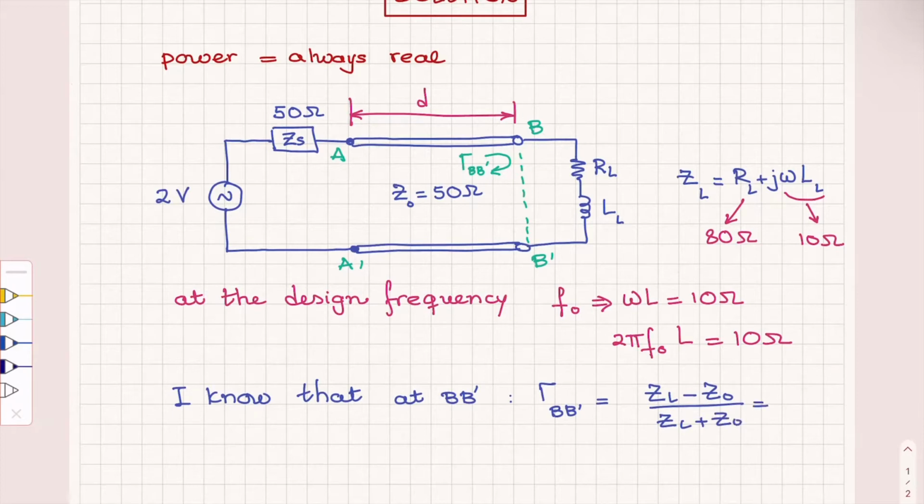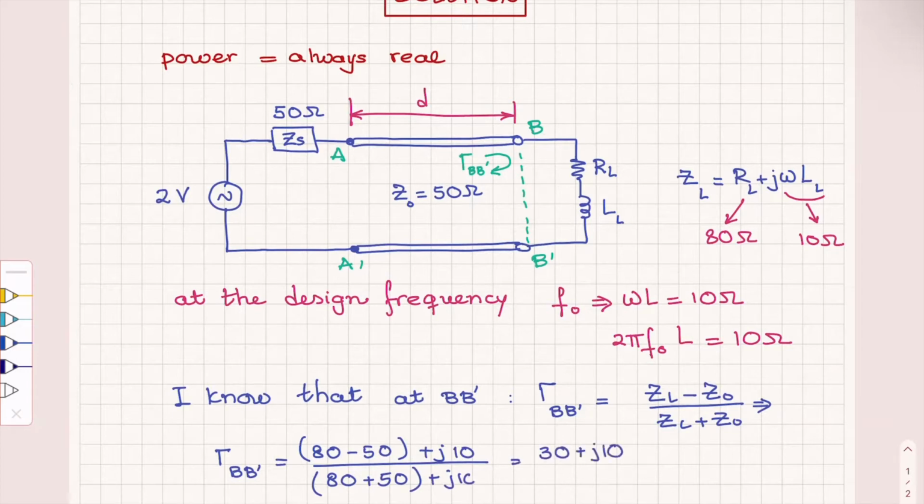If I replace it there, Z sub L minus Z naught is 80 minus 50 plus J10, over 80 plus 50 plus J10, which makes it 30 plus J10 over 130 plus J10. And that is 3 plus J over 13 plus J.